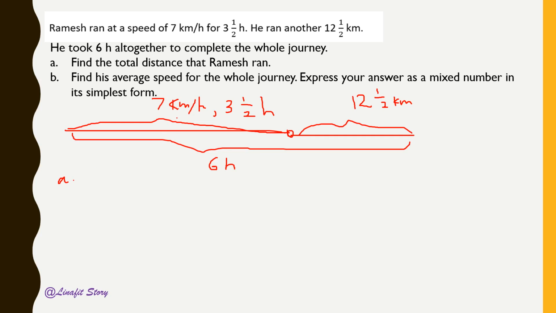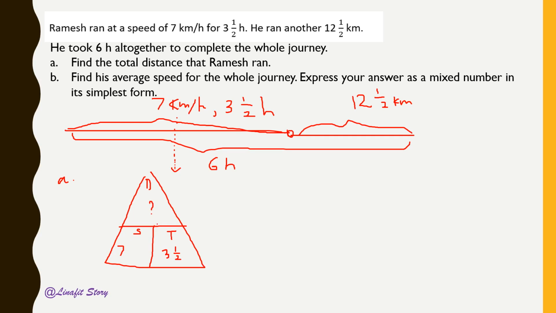So to solve question A, we must find out how far he ran for the first journey. You may draw the DST triangle. The speed is 7 km per hour, while the time taken is 3.5 hours.